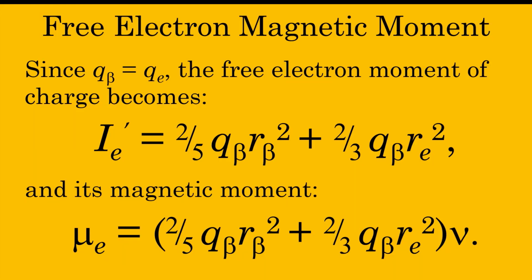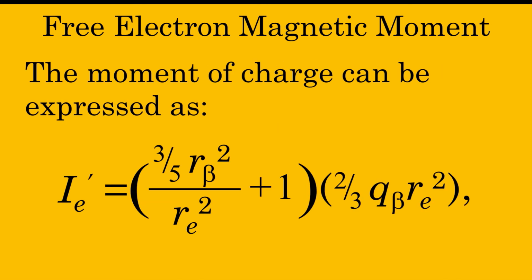Therefore, since q_beta equals q_e, the moment of charge of the free electron becomes I_e prime equals 2/5 q_beta r_beta squared plus 2/3 q_beta r_e squared, and its magnetic moment is I_e prime times nu. This moment of charge is the quantity 3/5 r_beta squared over r_e squared plus 1 times 2/3 q_e r_e squared.